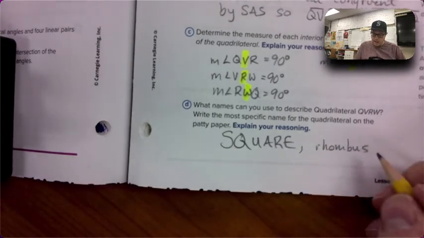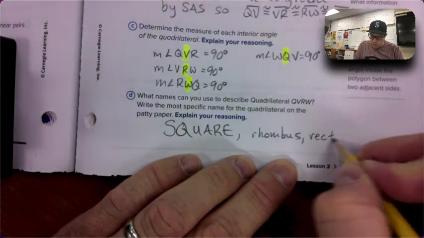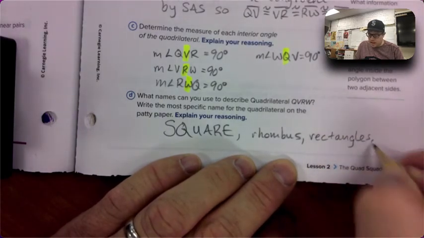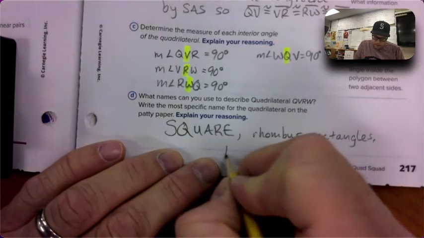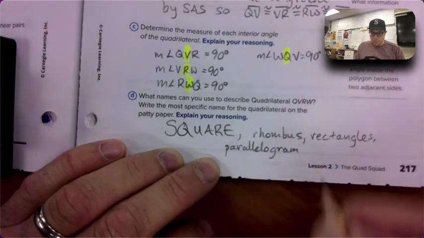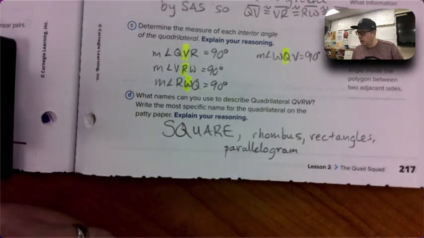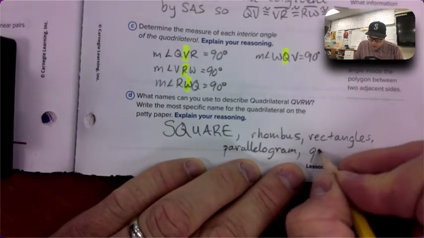A square is also a special type of rectangle because all of the angles are 90 degrees. A square is a special type of parallelogram because opposite sides are parallel. And that means it's also a special type of quadrilateral.